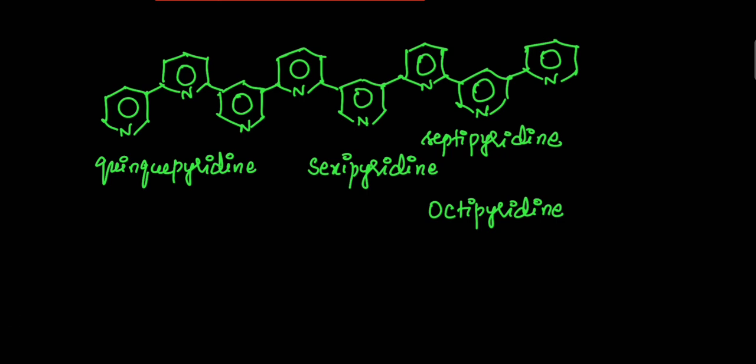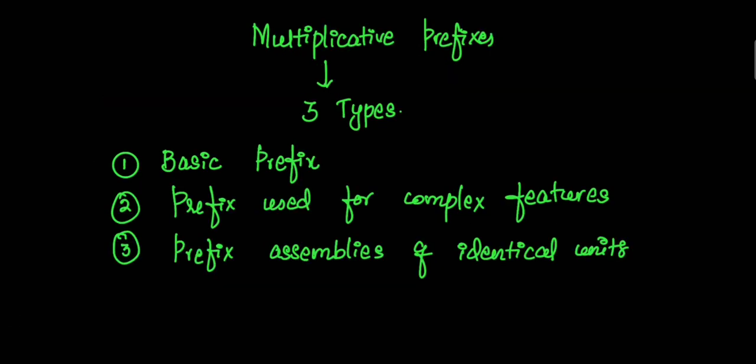We have divided it into 3 different types. We conclude by saying that there are 3 different types of prefixes. The basic prefix, where we use mono, hen, di, tri, tetra, penta, etc. Prefixes used for complex features, mainly for naming complex or branched substituents, where we will be using the bis, tris, tetrakis convention.